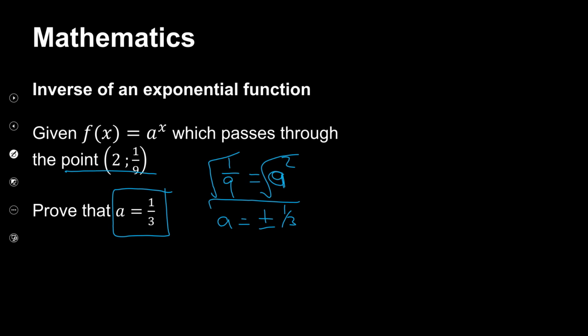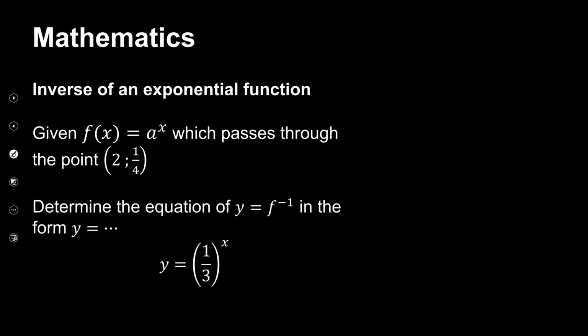But please remember that a cannot be negative, right? So a must always be greater than 0. It cannot be 0. So in simple terms, a is equal to 1 over 3.